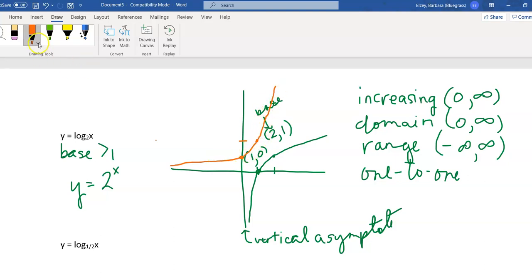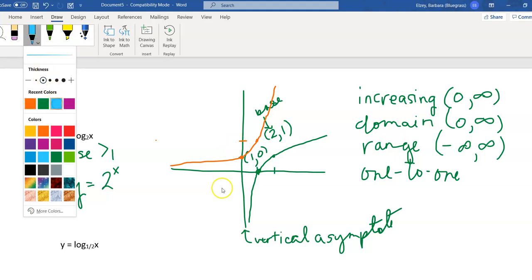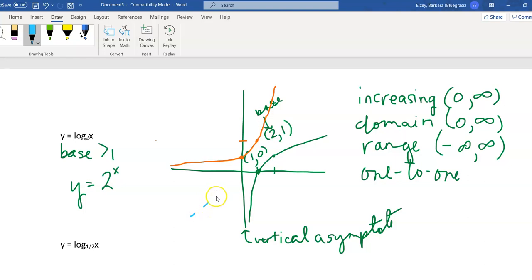Now, recall that all inverse functions are symmetric about the line y equals x, and that's this line going right through here. Of course, it's not perfect, but if I had drawn things perfectly and we folded it along this dotted line, these two functions would land on top of one another because they are inverses.